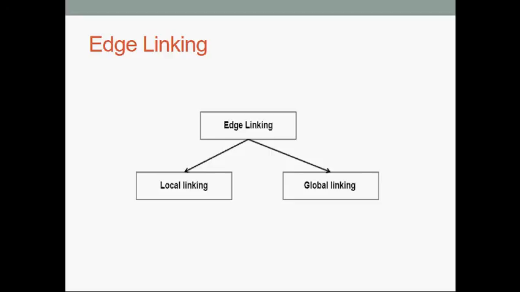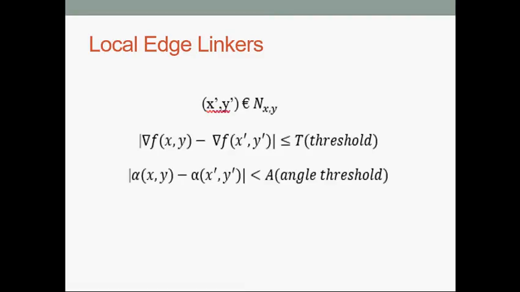These edge linking techniques are divided into two parts. First is local linking and second is global linking. The local linking is based on the neighborhoods of the points. It is based on this condition: x dash and y dash belong to a neighborhood if the function of x, y minus the function of x dash, y dash is less than some threshold, and this technique is also good.